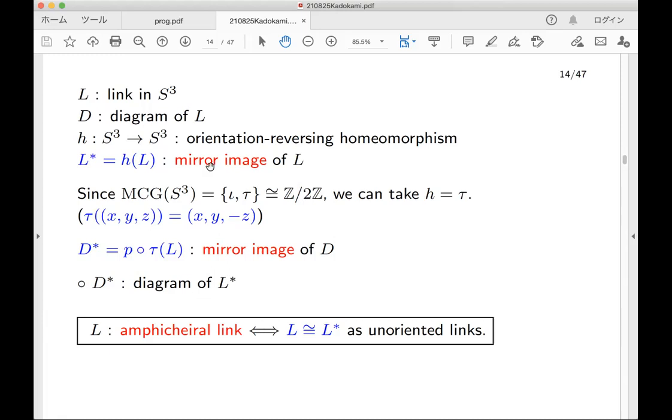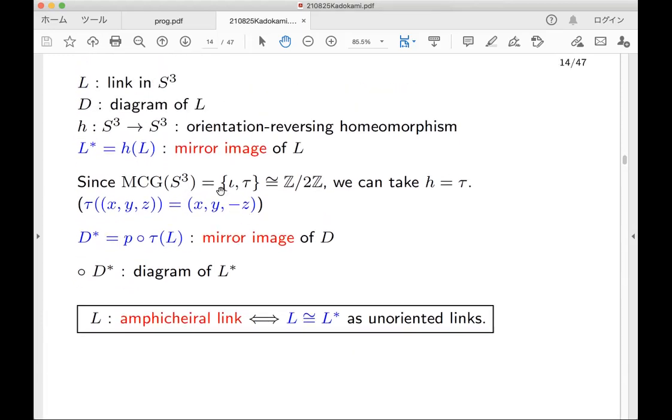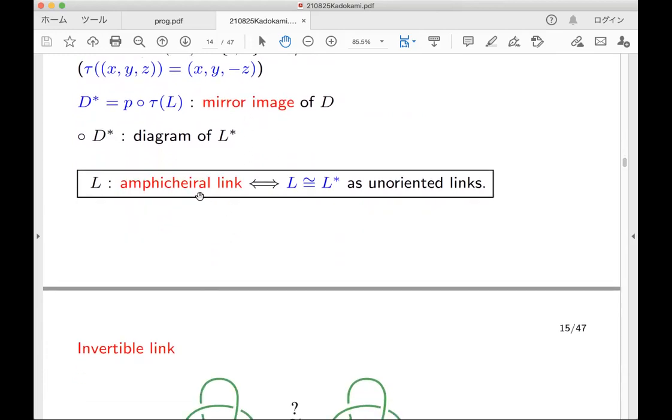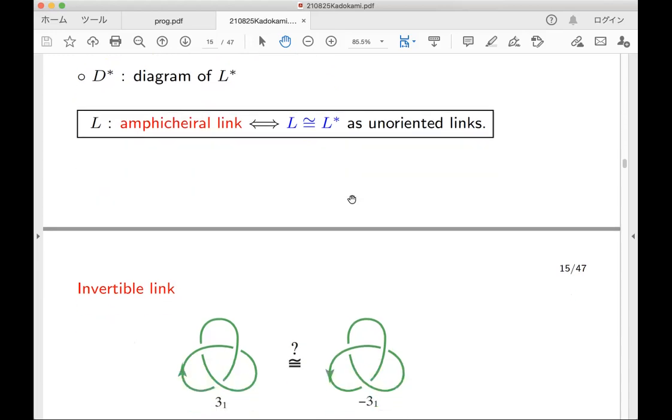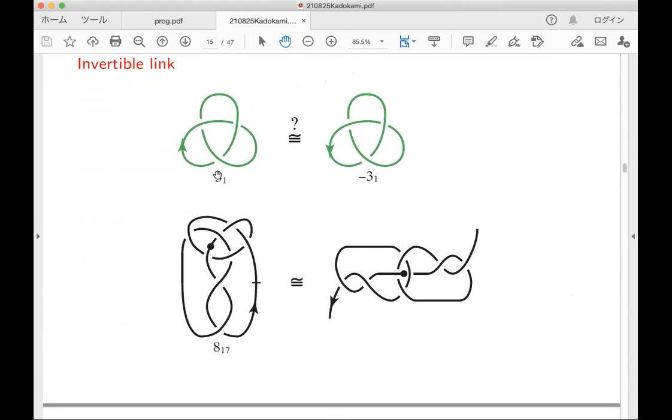We call it the mirror image of L. So we define that L is a scalar link if and only if L is equivalent to L star as unoriented links. Invertible link.